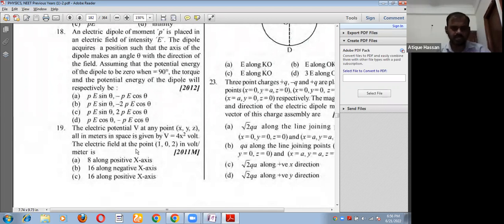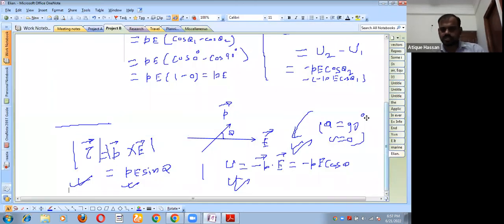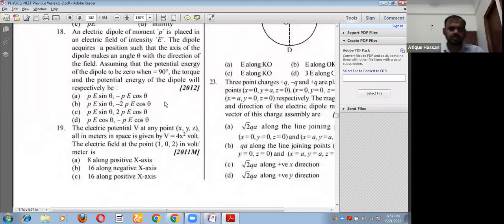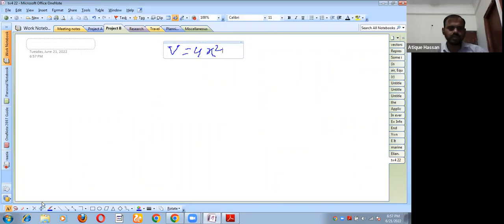Nothing more than that. So simply, what is the potential given? V equal to 4x square. So write it. In a certain region, the potential is given as V is equal to 4x square. Now it says find the electric field at the point 1, 0, 2.